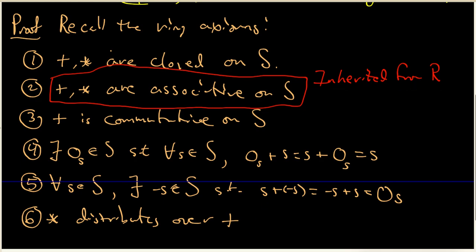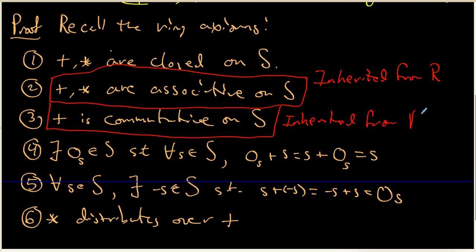Likewise, plus is commutative in the big set R, and so it has to be commutative on S. So this is another one that is inherited from the ring R.